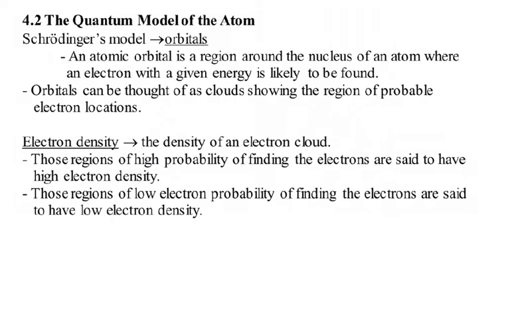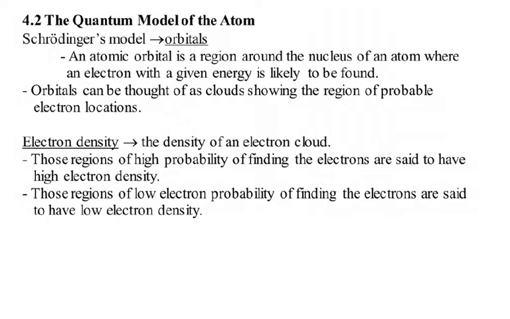Now, there is a term I want you to differentiate, and that's called electron density, which has to do with the density of the electron cloud. If you have a region where the electron is most likely to be found, where the probability is high, those regions are referred to as regions with high electron density.